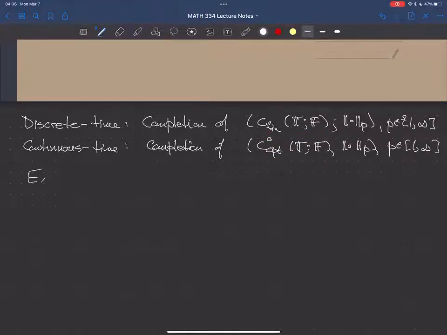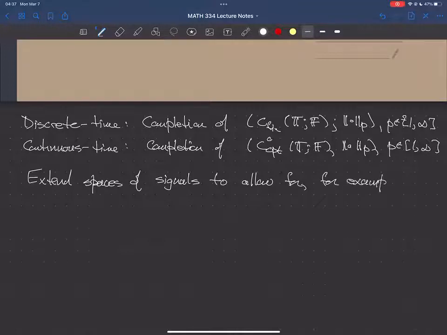So what we want to do is extend spaces of signals to allow, for example, very benign type things, to allow for f of t equals, say, t, maybe defined on the entire real line, or similarly, f of n delta in the discrete time case is equal to n.